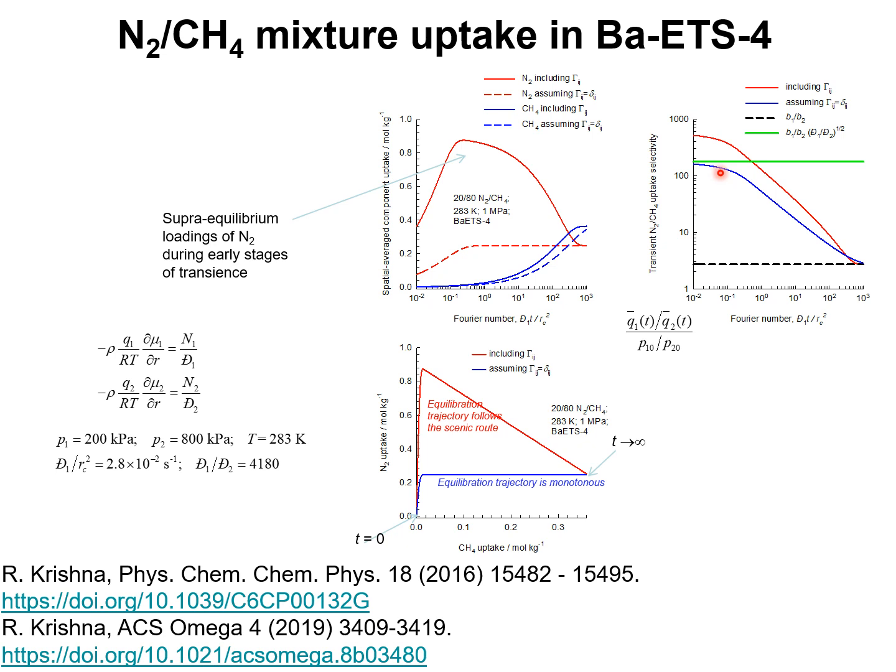This line shows the uptake selectivity if thermodynamic coupling effects are ignored. This line is the uptake selectivity based on thermodynamic equilibrium and calculated on the basis of the unary isotherms.